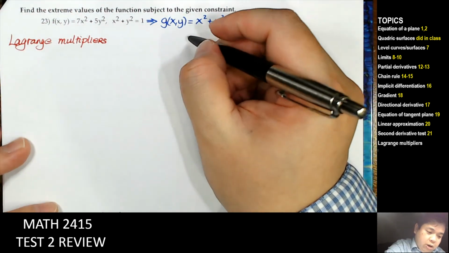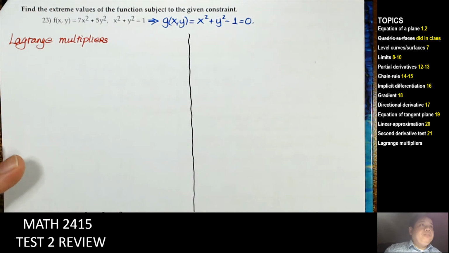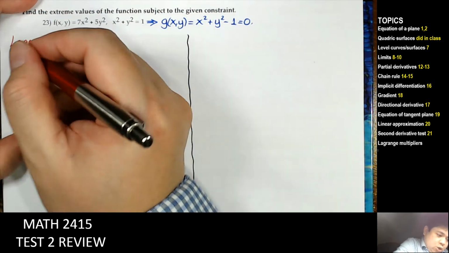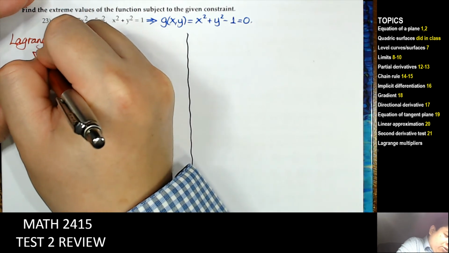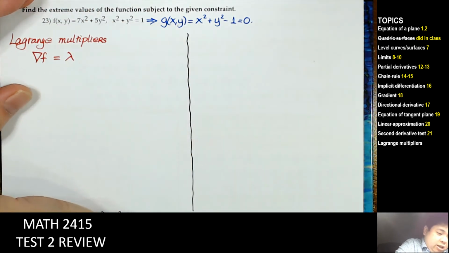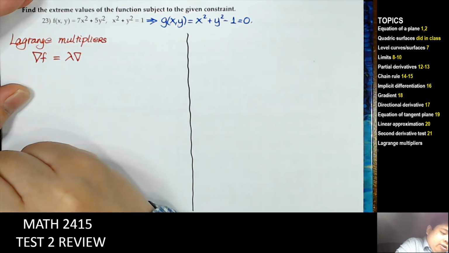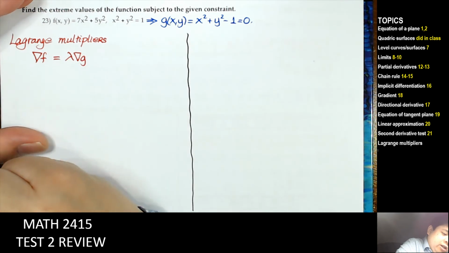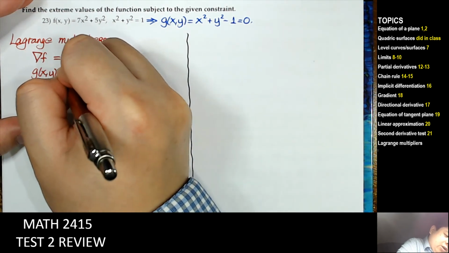This is also a long problem, so I will divide the page in two. We will take the gradient of the function f, which is going to be lambda, the multiplier, times the gradient of the function g, and then we have the constraint function itself equal to 0.